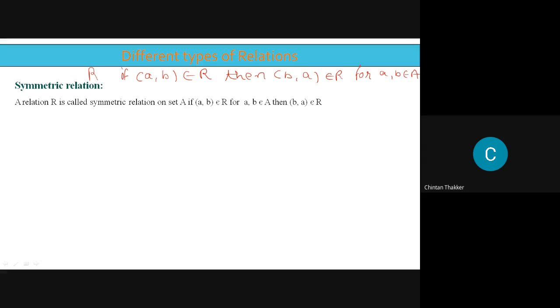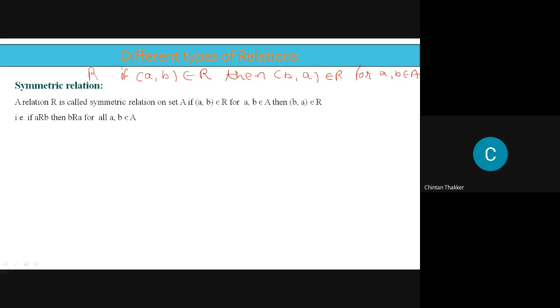Relation R is called symmetric on set A if (a, b) belongs to R, then (b, a) belongs to R. Symbolically, if a is related to b, then b is related to a, then we say that R is symmetric.